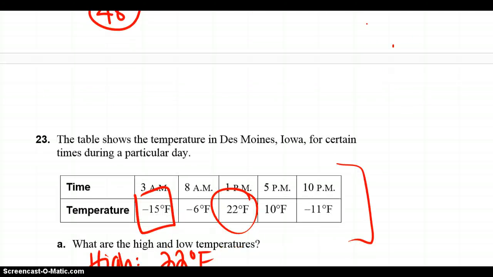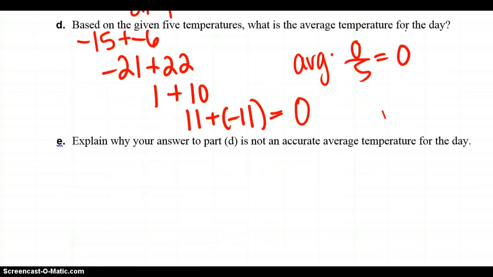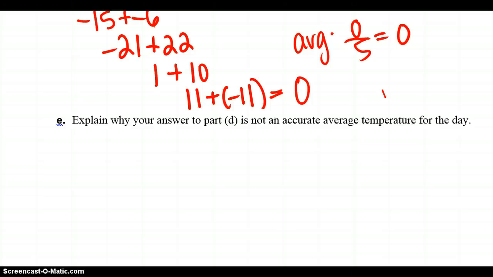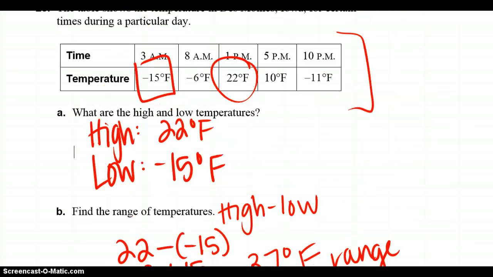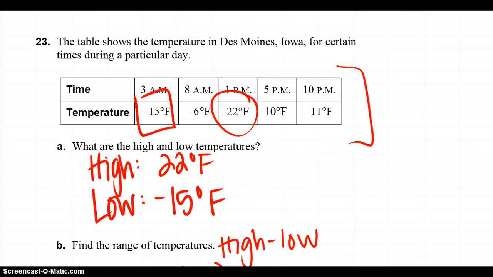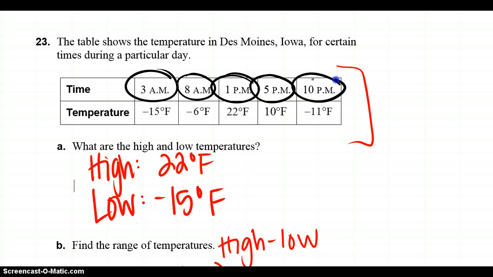The last question asks us to explain why your answer to part D is not an accurate average temperature for the day. This is kind of a stumper, but if you go back up and look at the table, you will notice that it was taken at several times throughout the day. It was taken at 3 a.m., and 8 a.m., and 1 p.m., and 5 p.m., and 10 p.m. There's no consistency there.